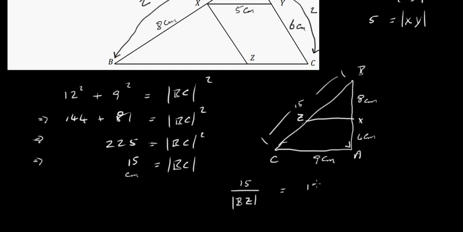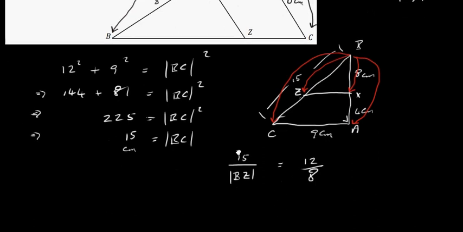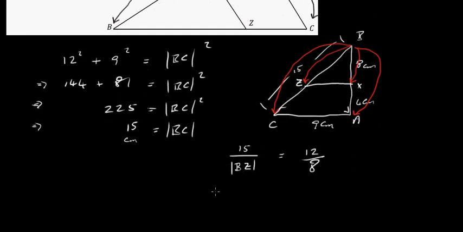12 over 8. So what I've done here is I've said this distance here divided by the distance we're actually looking for, which is BZ, divided by this distance here, that's going to be equal to this distance here divided by this distance here. So sides are in proportion again, so ratios of sides here. So I have an equation here with just BZ in it, so I can cross multiply here.